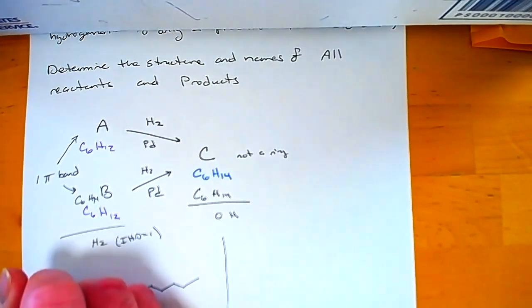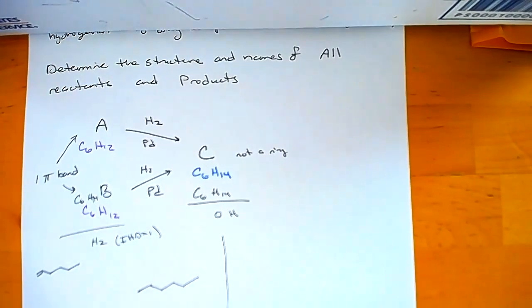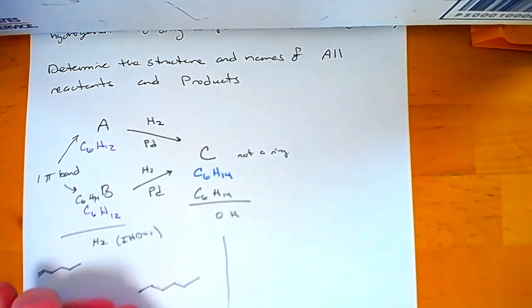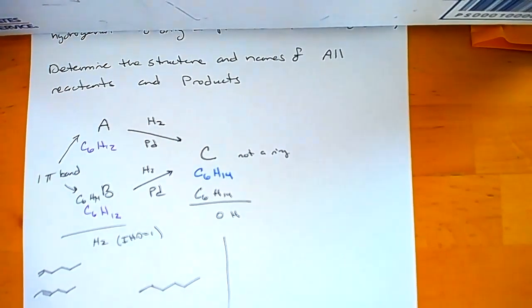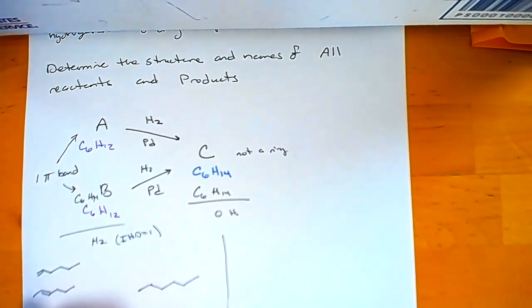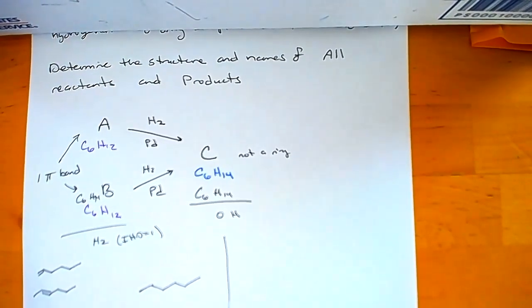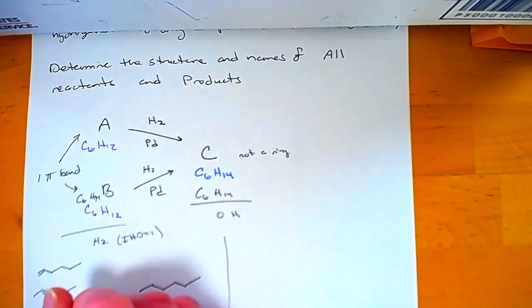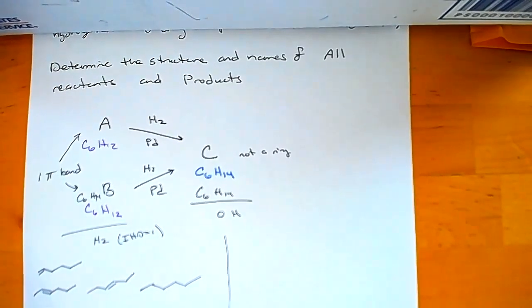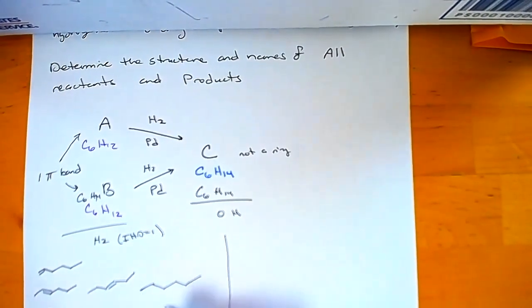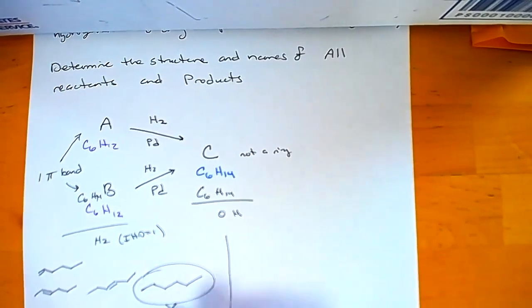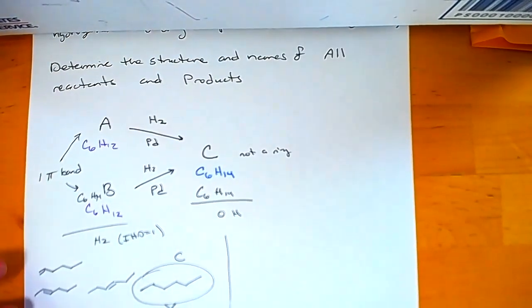I could have the double bond here, or at the number 2 position, and I could draw this trans, and I could have the double bond at the number 3 position as well. We're already up to 4, so we can pretty much rule out C being that compound.